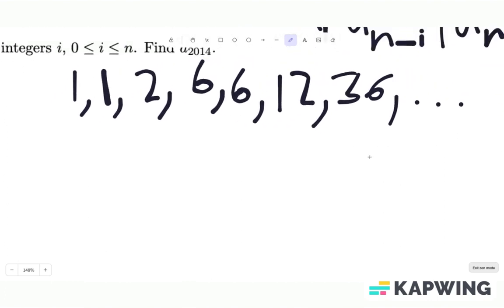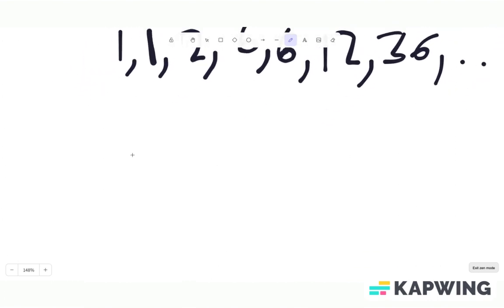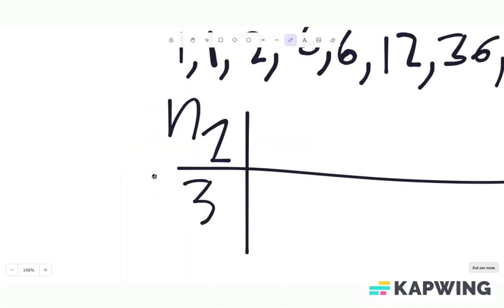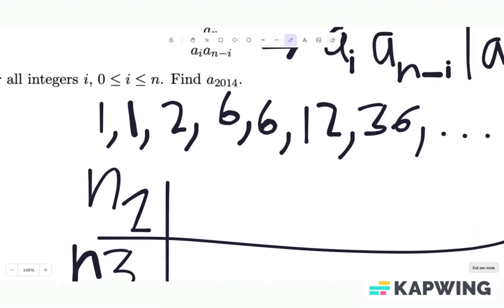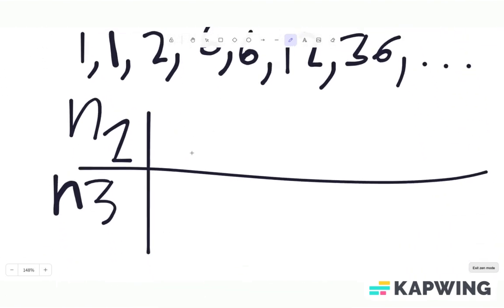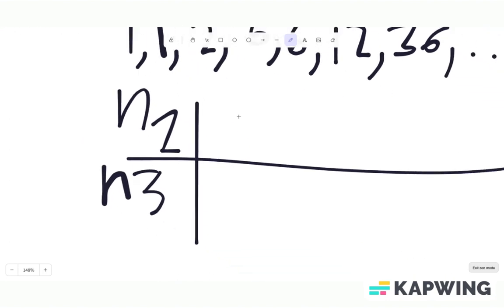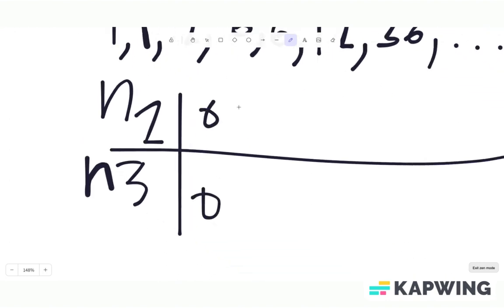Now this is probably the hard part of the problem, but the efficient way is to break it up into powers of 2 and 3, and you can make a chart. N sub 2 and n sub 3 represent the power of 2 and power of 3 in the factorization of a sub n. For the first two numbers, both of these are 0, because 3 to 0 times 2 to 0 is the only thing you can use to make 1.